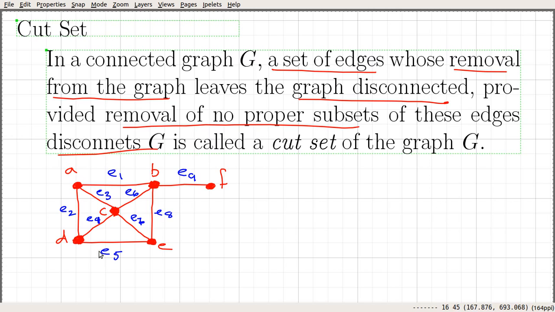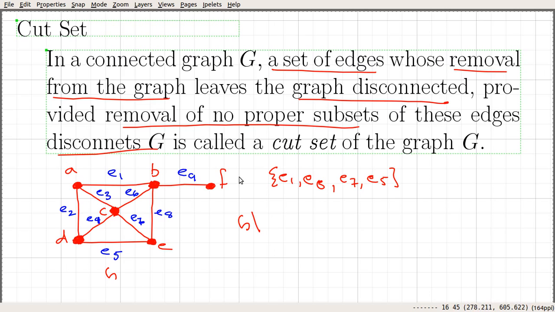Okay, so let's look into this graph G. Let's consider this set E1, E6, E7 and E5.